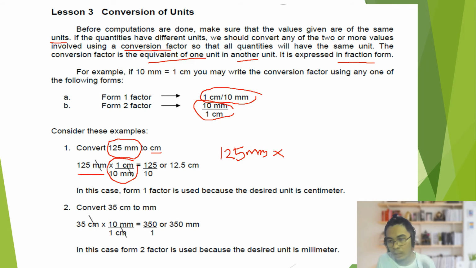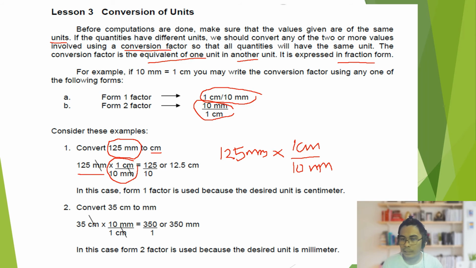We know that a conversion factor can give us, as we saw in the illustration earlier, that in one centimeter we have 10 millimeters. So that's the conversion factor. Why is it written this way? Why didn't we write 10 mm divided by 1 centimeter?